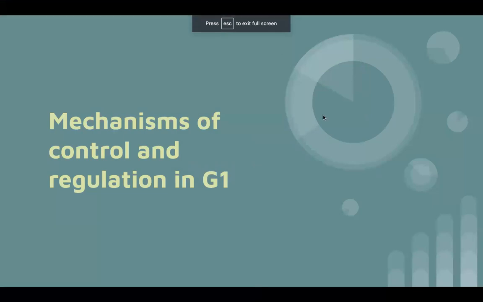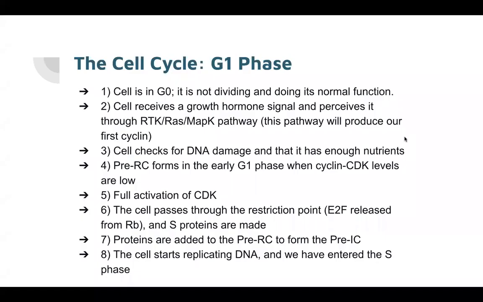All right, perfect. Now we're going to talk about mechanisms of control and regulation in G1. We're going to start with a list of everything that happens during G1, and then we're going to talk about some of them specifically. Cells start in G0, that's the non-dividing stage.